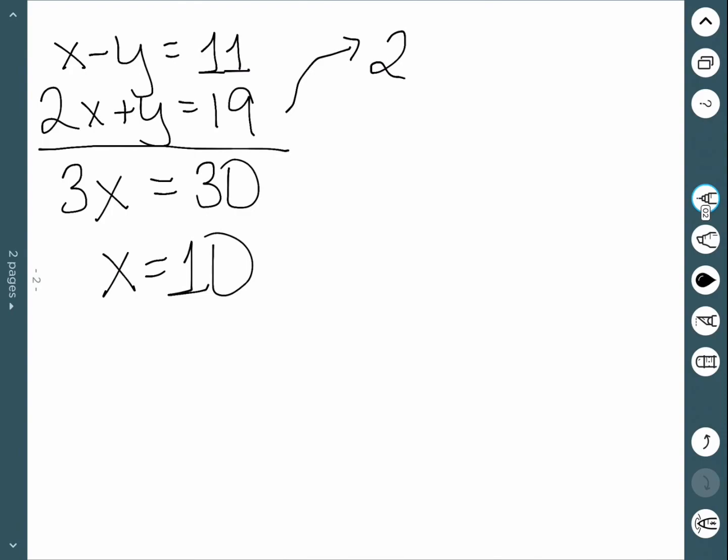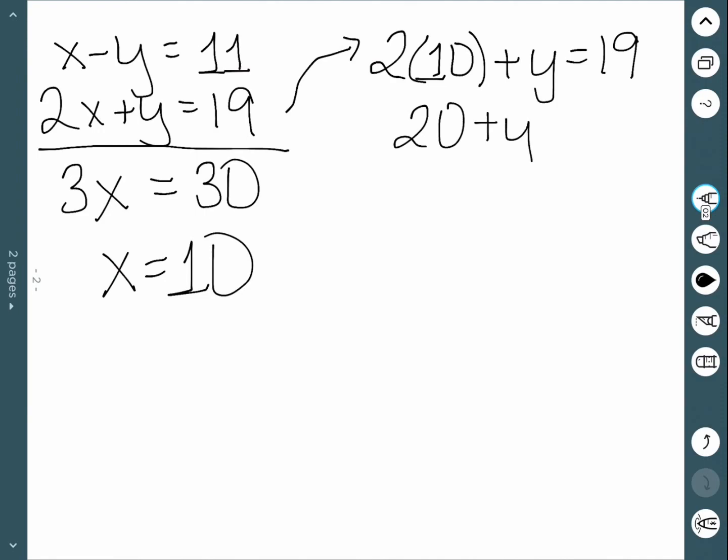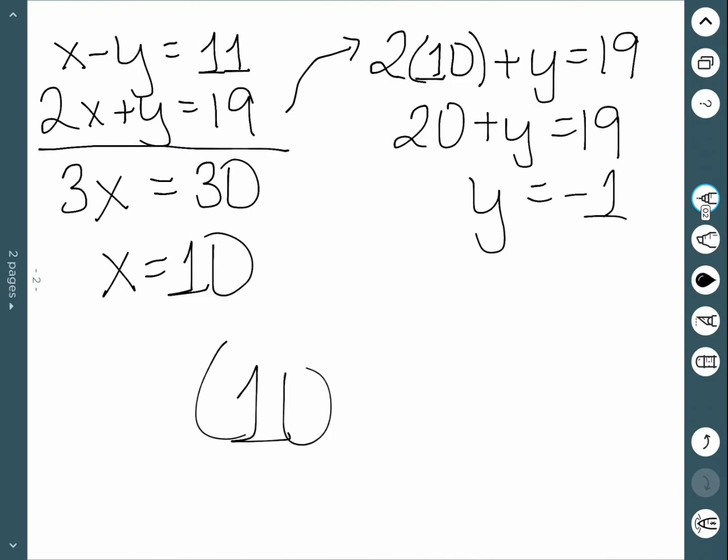No particular reason why, other than we used the first equation on the last example, so let's change it. We have 2 times x, which we just said was 10, plus y equal to 19. So this is 20 plus y equal to 19, and subtracting 20 from both sides gives me that y is negative 1. So I have my answer: 10, negative 1.